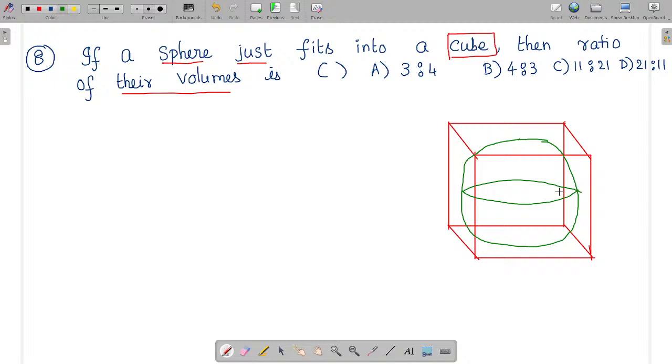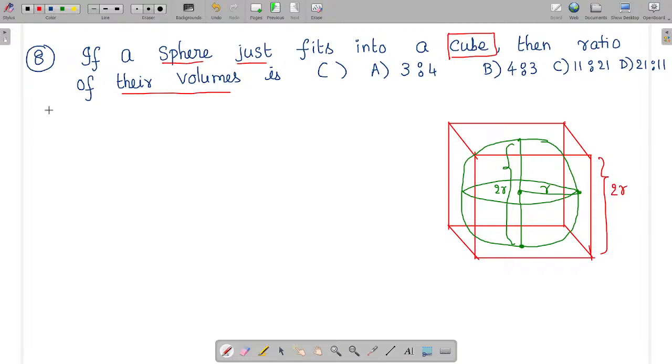Sphere is inscribed. For example, this will be the radius r, from here to here, going to the center. Obviously, this becomes 2r. So that means the side of the cube becomes 2r.